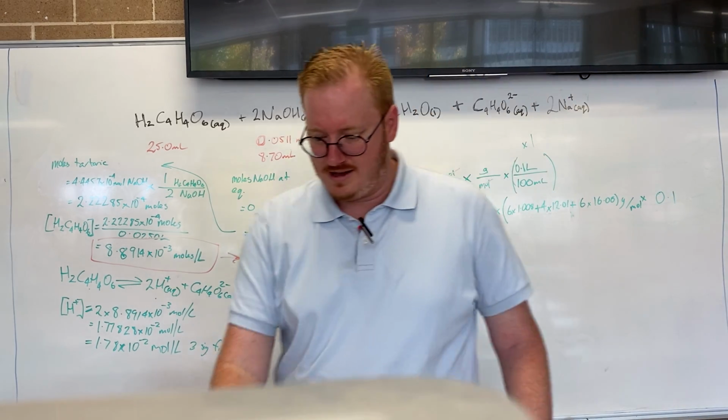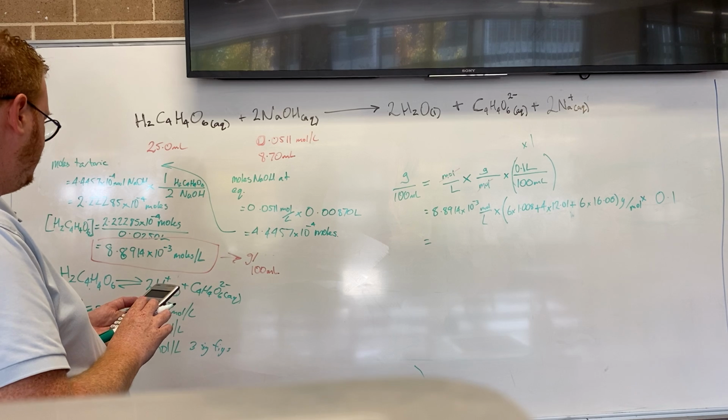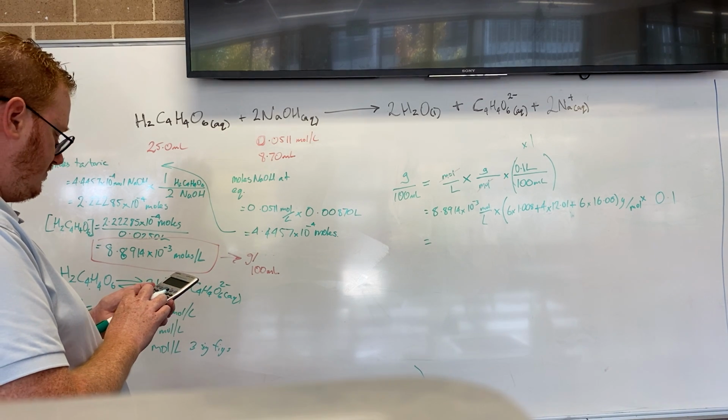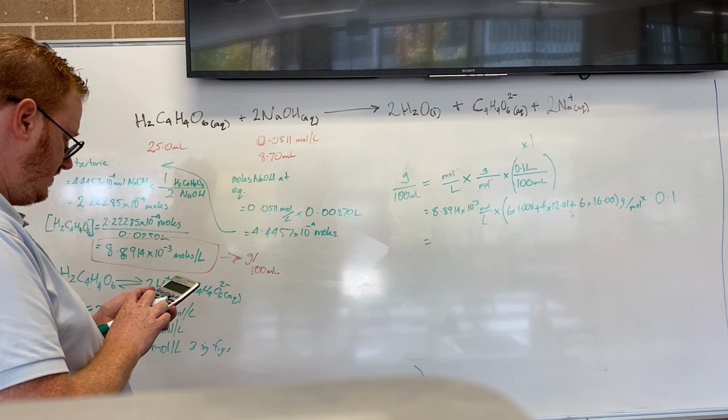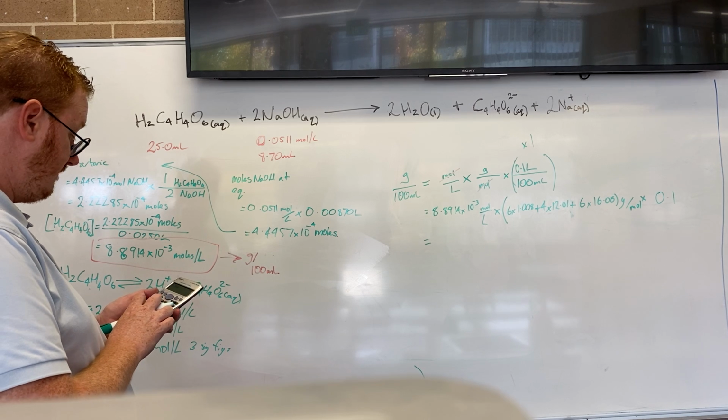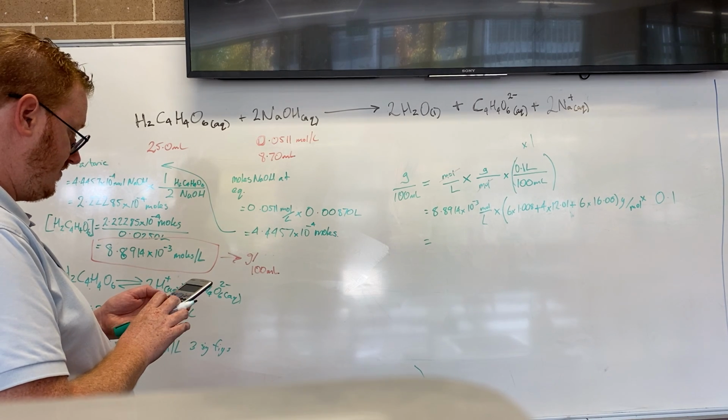Okay, put it in my calculator. I still got that number? No. 8.8914 times 10 to the negative 3.